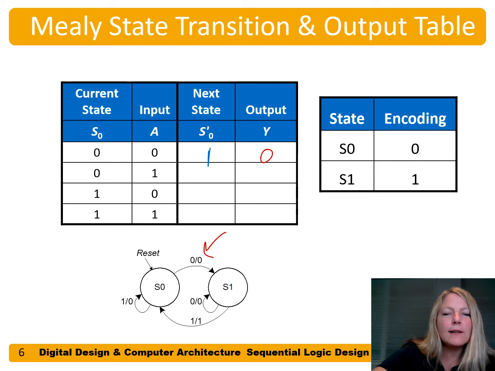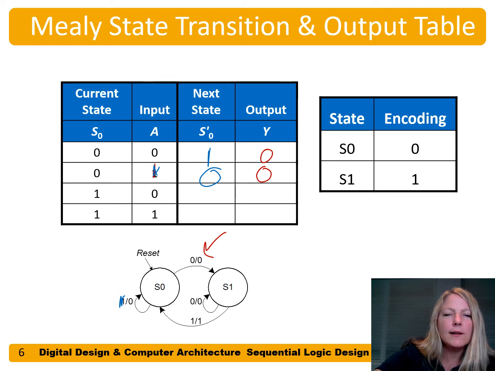If we're in state 0 and we get a 1, this next case here, then the next state should be state 0, and our output should be, again, 0.